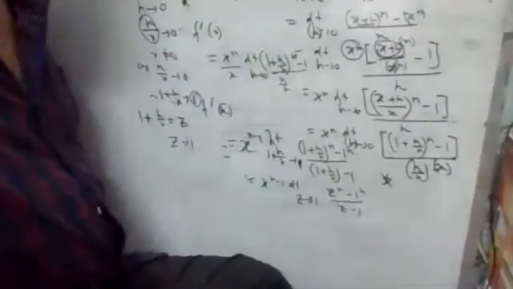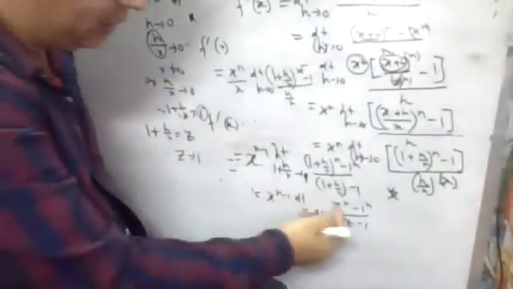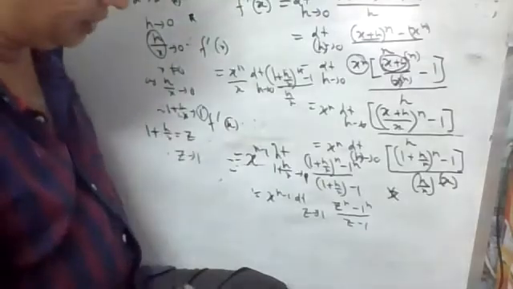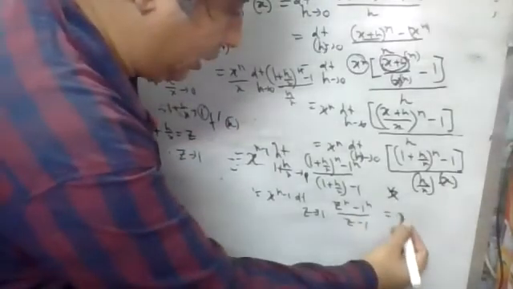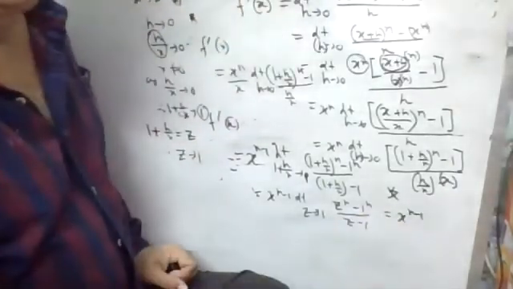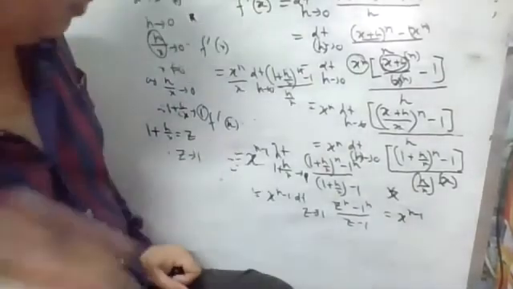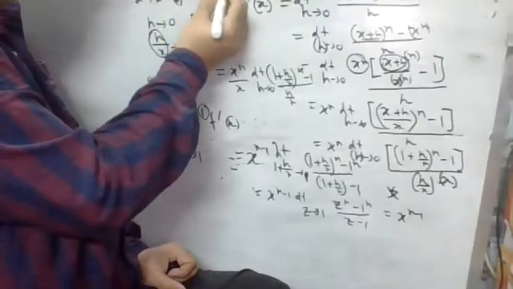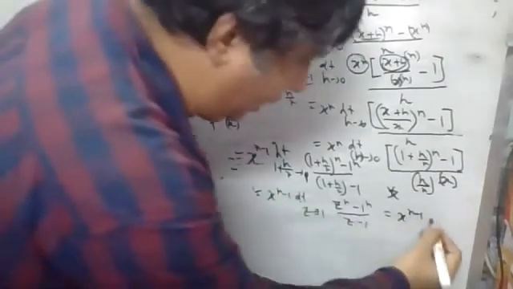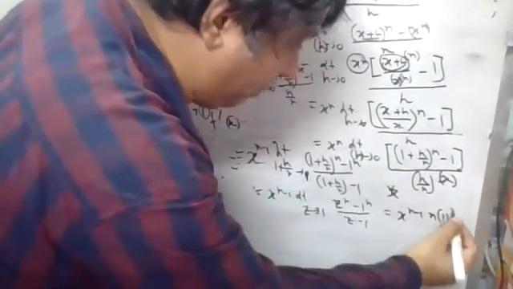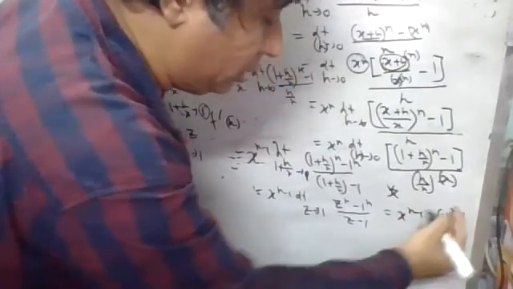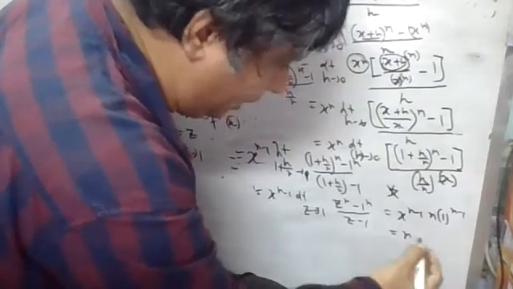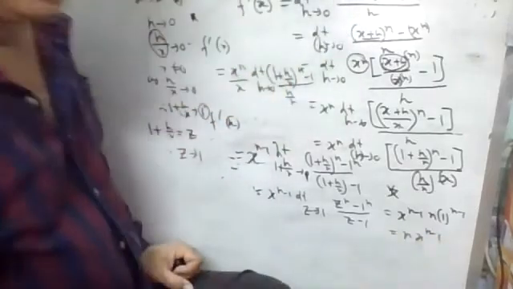Now easily I can compare this to the general standard form of the limit. What is the formula? n a^(n-1), so n times 1^(n-1). And 1^(n-1) is 1. So n x^(n-1).